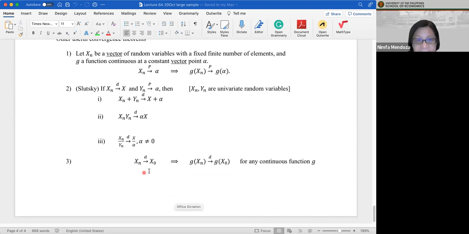Then you have a similar result if you have convergence in distribution here. These are vectors. Then you have this, which is in terms of one by one. You have functions, so they are just scalars.